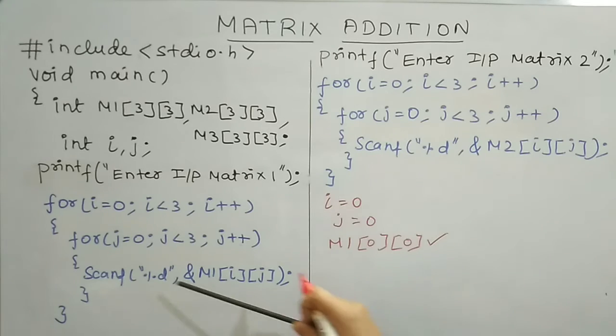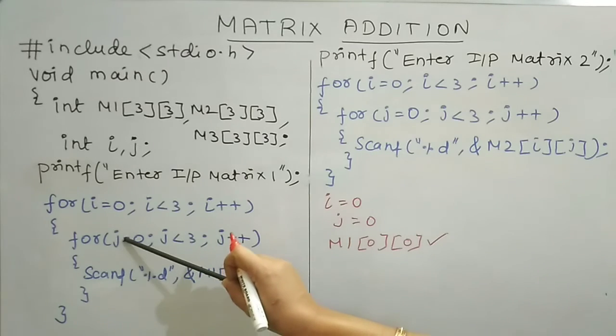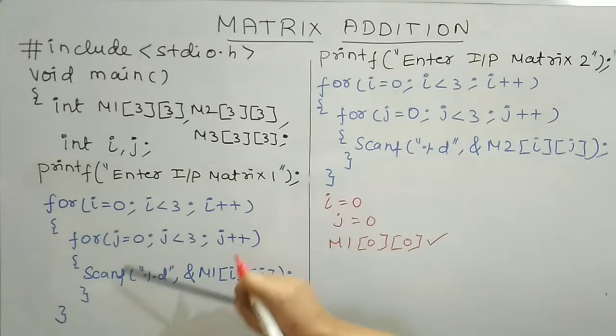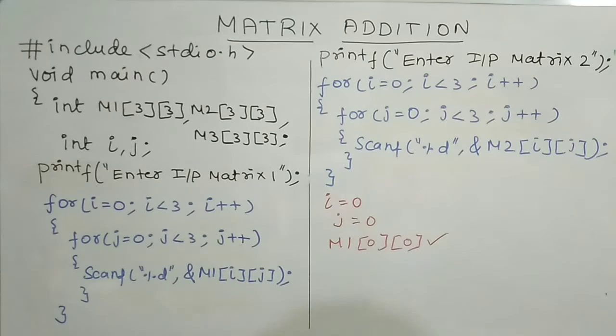I will get the value of the first element in the first row. Then after executing, again I will jump back to the inner for loop. Once the inner for loop completes execution, I will get back to the outer for loop. The inner for loop is not completed yet, so I am getting back to the inner for loop. Now the value of j becomes 1, the condition is satisfied. Then I get the value for M1 of i comma j, that is 0 comma 1.